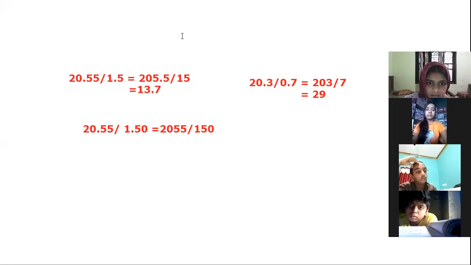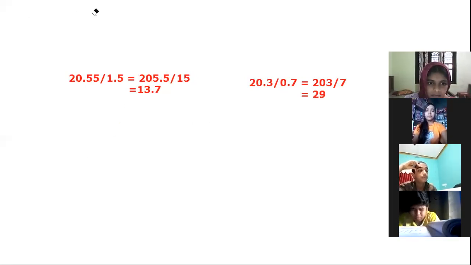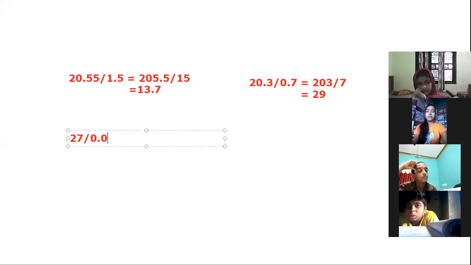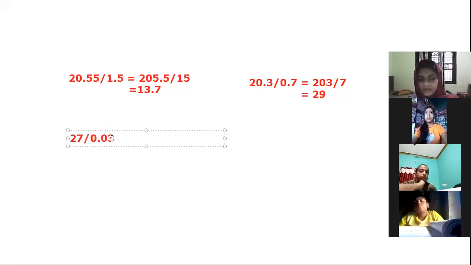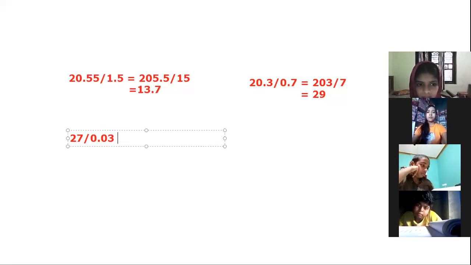Then we have to look at another example. I am giving another example for you: 27 divided by 0.03. How will you change this? Here we have the numerator as 27 and the denominator as 0.03.